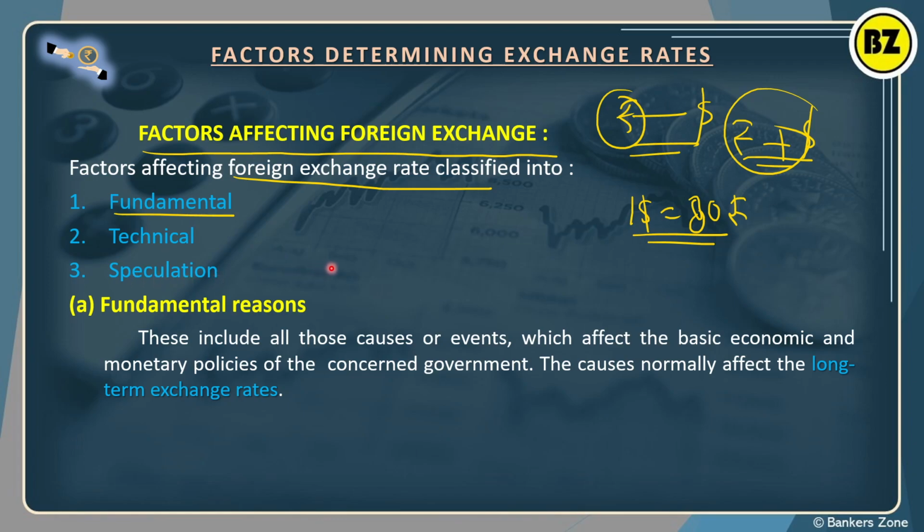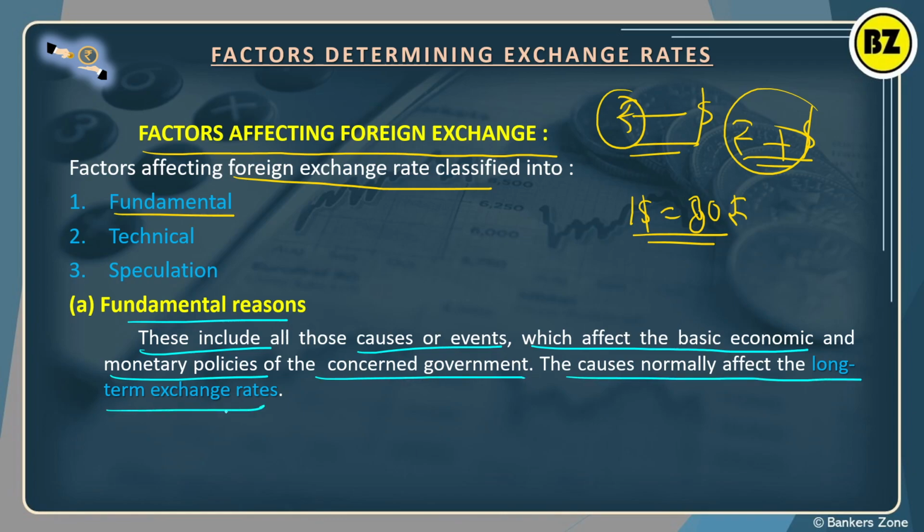Fundamentals are important because they are the reasons or factors which affect the rate for the long term. These fundamentals include causes or events which affect the basic economic and monetary policy of a concerned government. These causes normally affect the long term exchange rate. So what will be the value of a dollar for the Indian rupee?